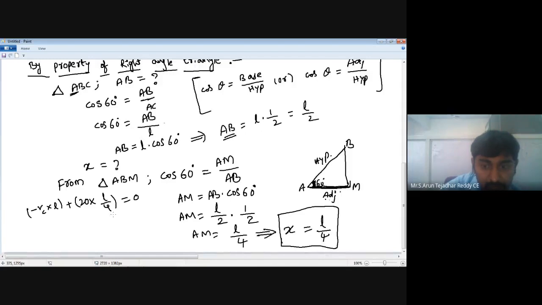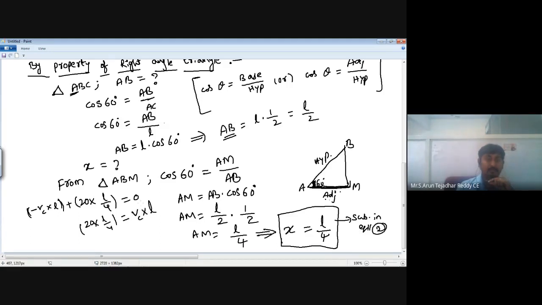Then transfer this entire value to the right side. 20 into L by 4 is equal to VC into L. Here L cancels, and 4 ones are 4, 5 fours are 20. It means VC is equal to 5 kilonewton.